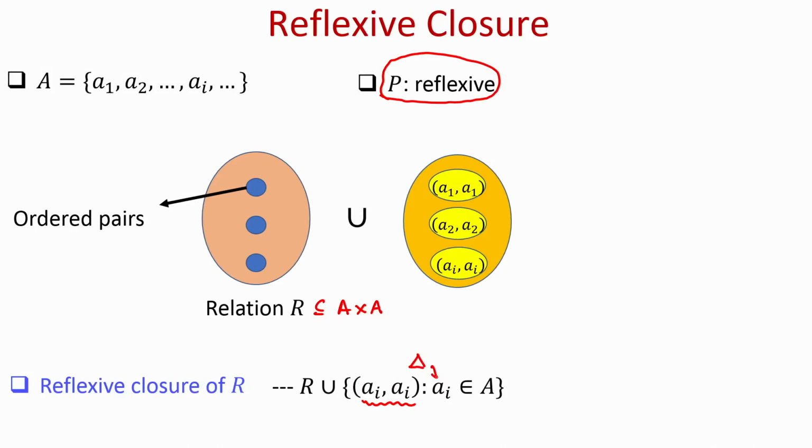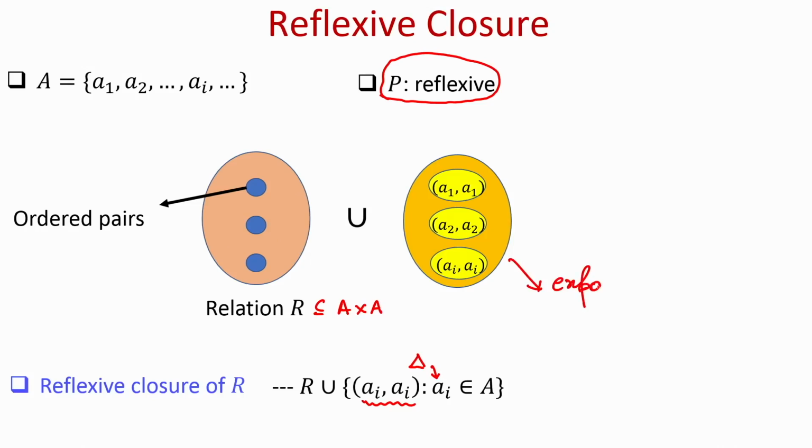You can imagine this delta relation consisting of all ordered pairs of the form (a_i, a_i) such that a_i is present in A. If it is already there in R, it will not be included again, but if it is not present in R, then due to taking the union with delta, it will now be added to the relation R, and this is your expanded R.